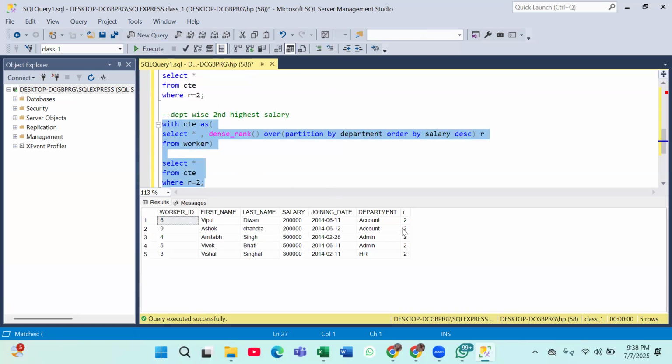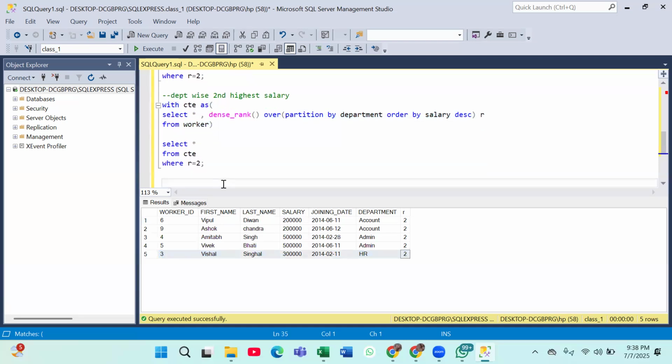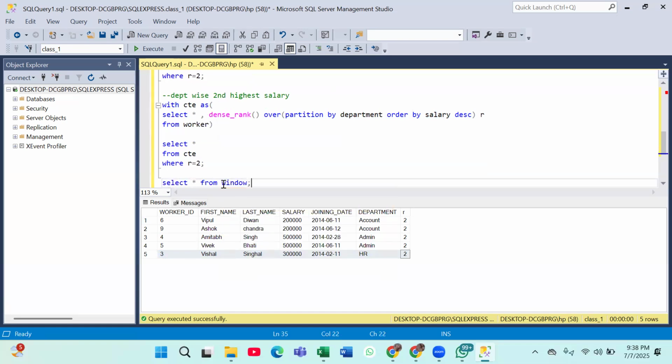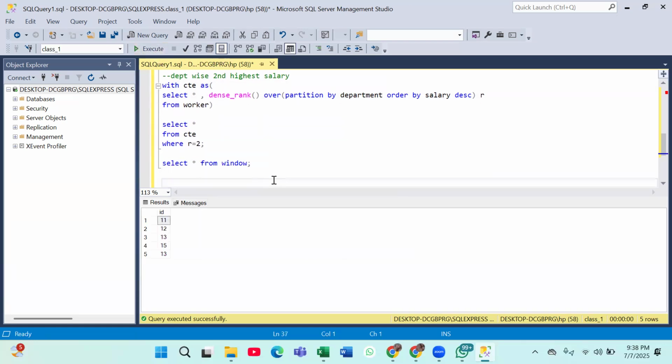Here it is. Account: these two people have the second highest salary. Then we have admin, and then we have HR also. Is this clear with everyone? Do you have any issue till here? If you're not saying anything, I will be considering no.